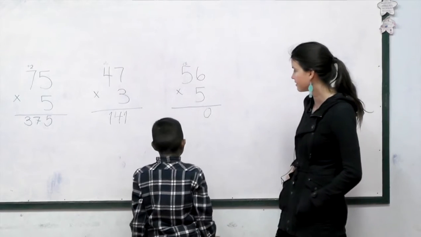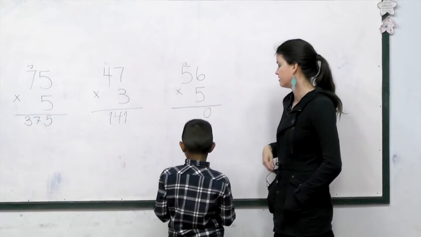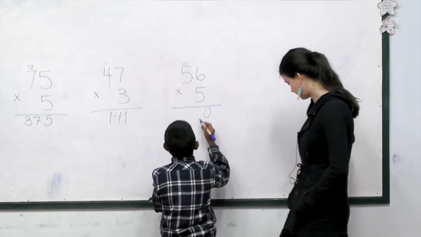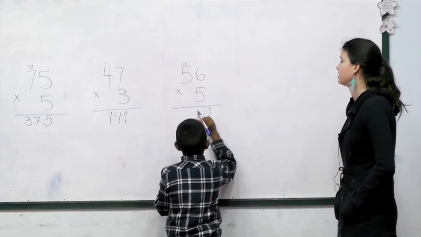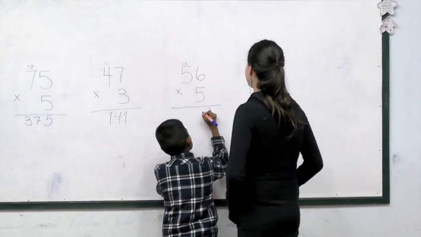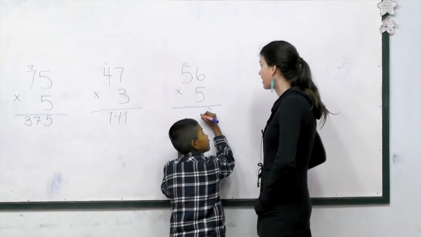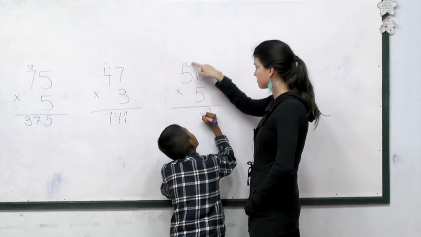Okay, what do we do next? Are we finished? No. 5 times 5. Easy. She said 5 times 5. You had 5 times 5 too. What's 5 times 5? 25.